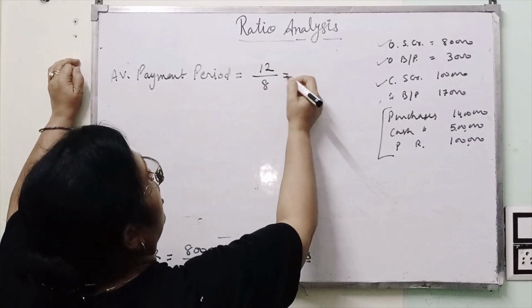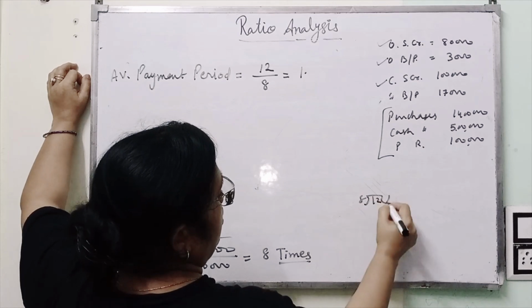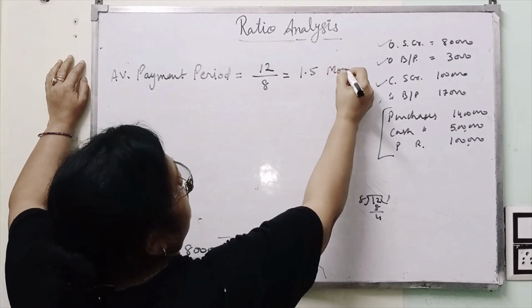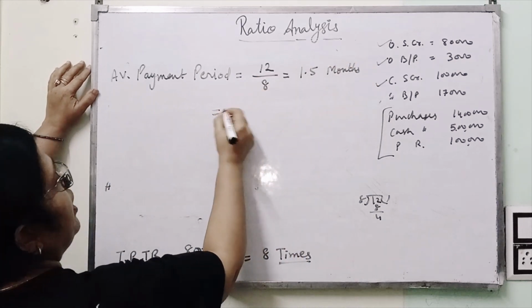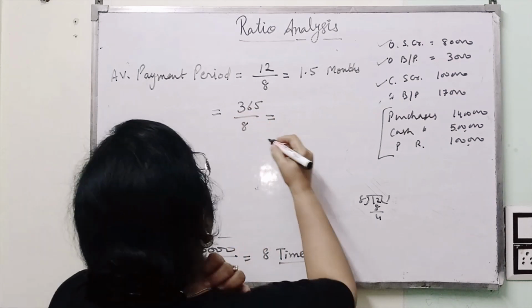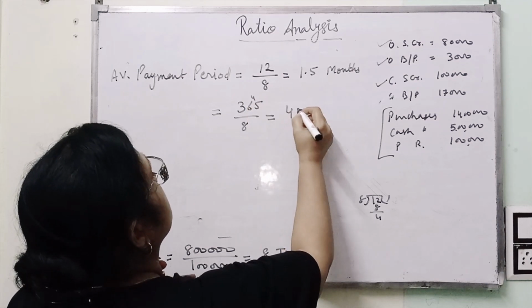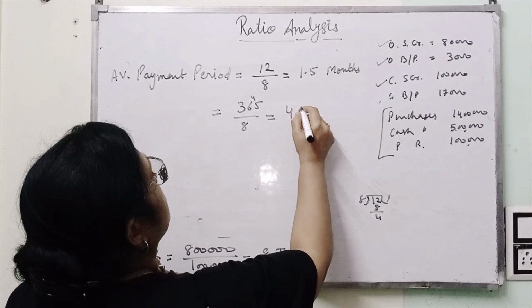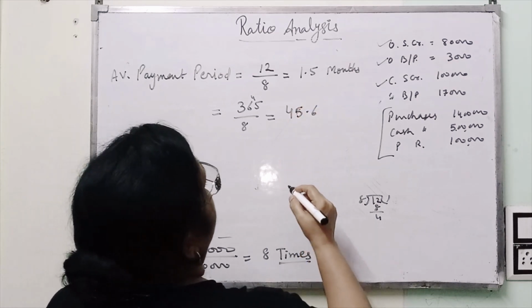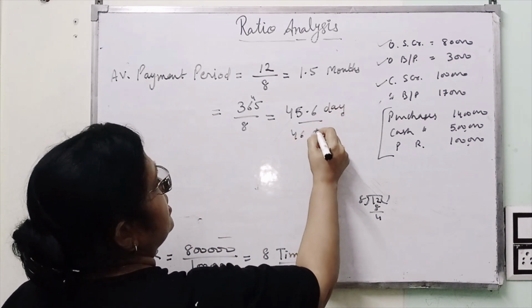It comes to 1.5 months. And if we have to calculate in days, 365 divided by 8, how much will it come? 45.6 days, or we can say 46 days.